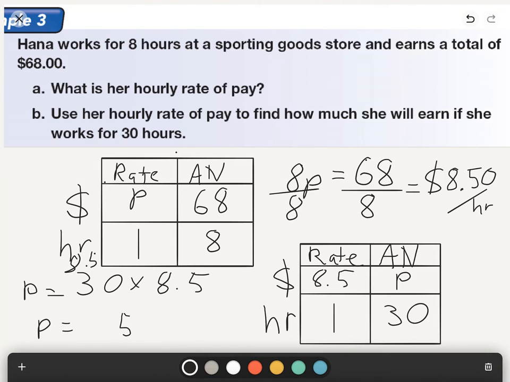So 15, this is 24, 25. Okay, so that will get us $255 for 30 hours.